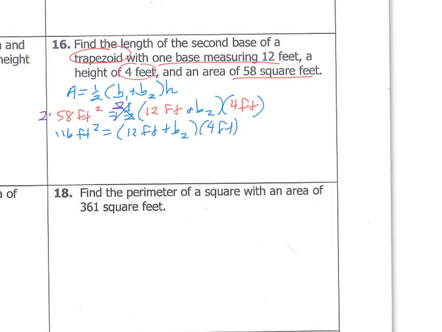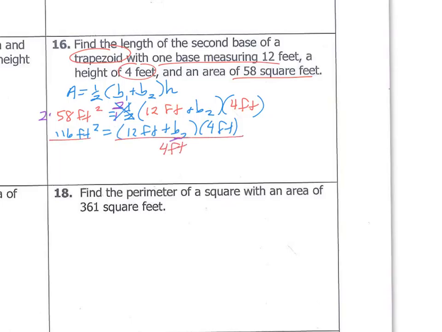Now we're trying to get b sub 2 out of jail, essentially. It's in those parentheses. What can you do with a 4? You could distribute it. That's more work. Isn't the 4 being multiplied to this? Couldn't we just divide? I would suggest that you divide by the 4 feet.